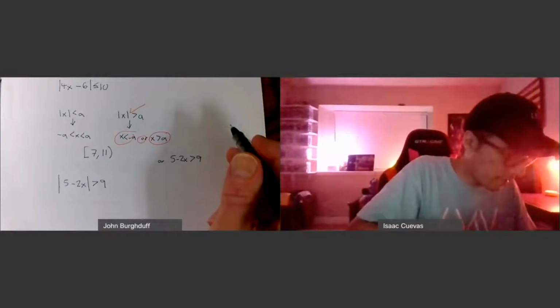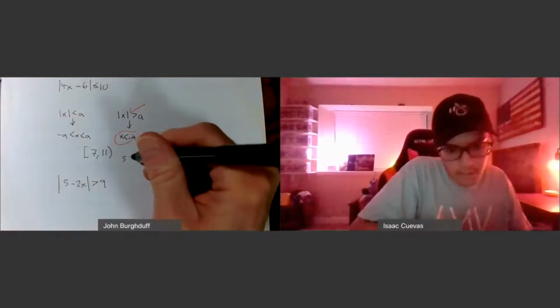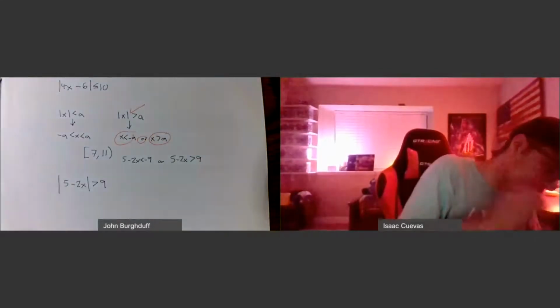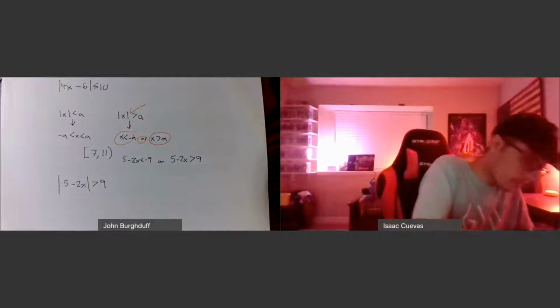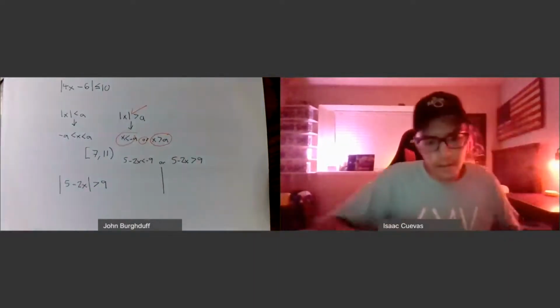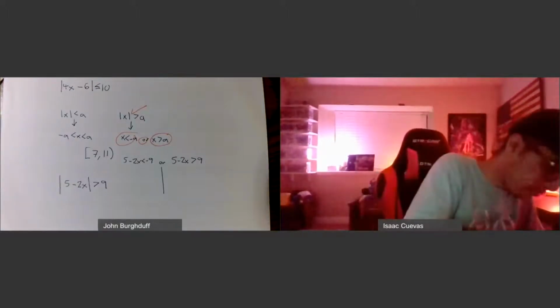So it'd be 5 minus 2x is less than -9. Yes, that's exactly right. That's two inequalities, so you solve them separately.